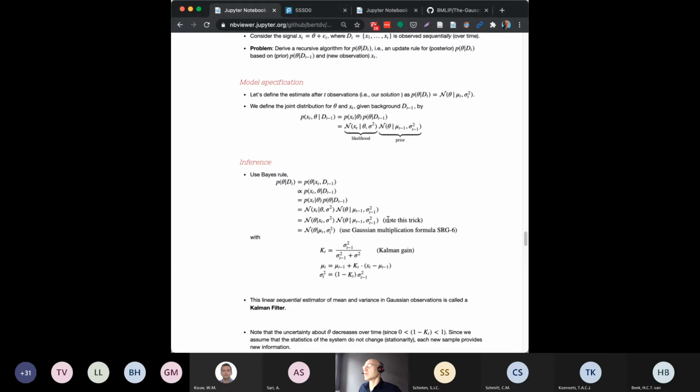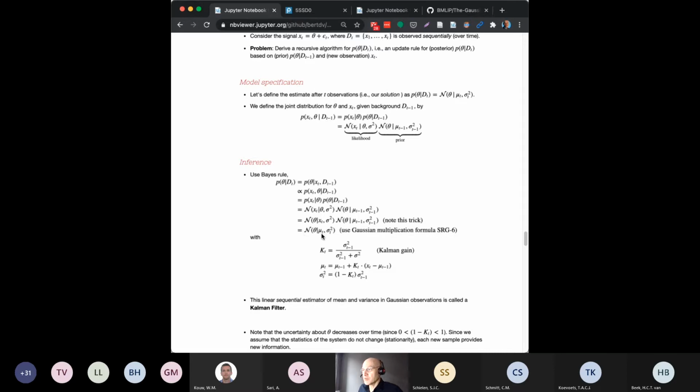Then we can use this Gaussian multiplication formula. That is a function of theta. This equality here should be a proportional to.